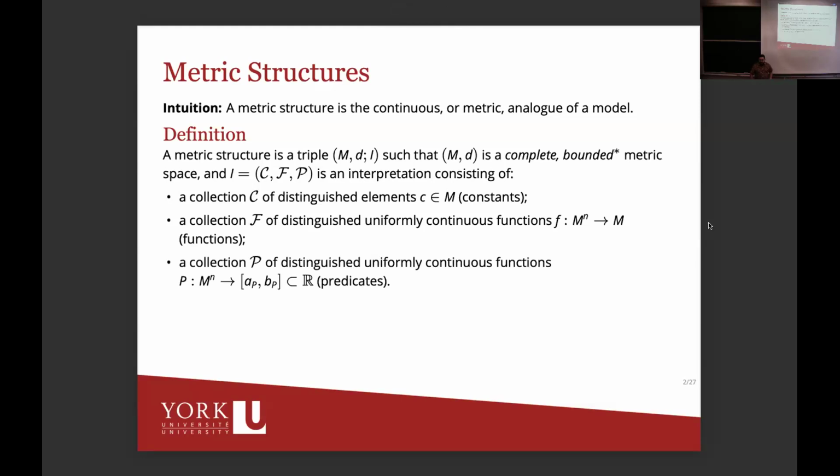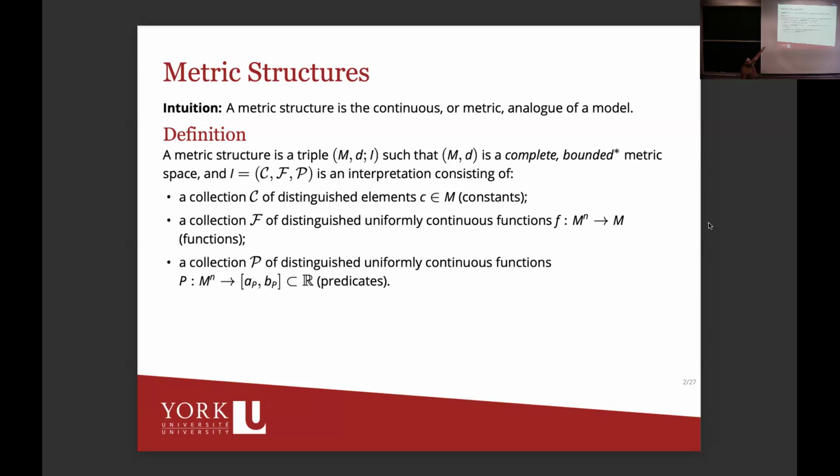And instead of predicates, if you think of a predicate as a function to {0,1}, now we're going to the interval. So it's some uniformly continuous function from some Cartesian power of the model to, in this case, some closed interval of the reals. Sometimes you do everything with [0,1]. That doesn't really matter for the stuff I'm doing.